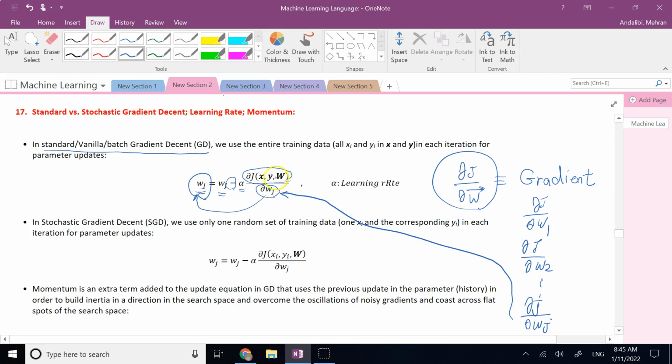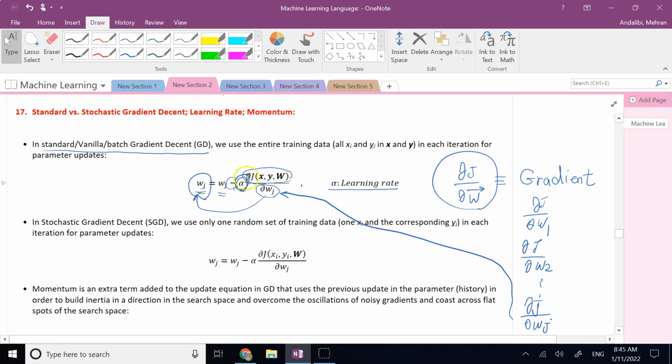And how much do we move in this negative gradient direction? The amount that we move in that direction is shown by this parameter alpha, which we call the learning rate. There is a typo here. And this learning rate is an important parameter in any gradient descent. Why?